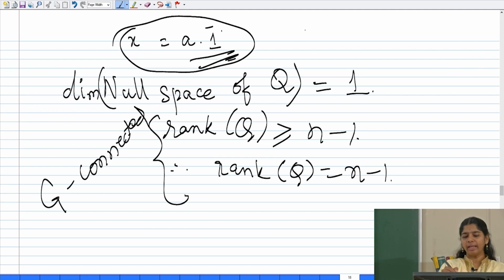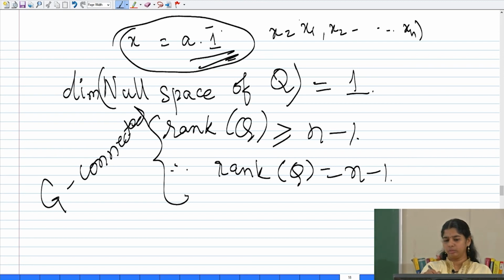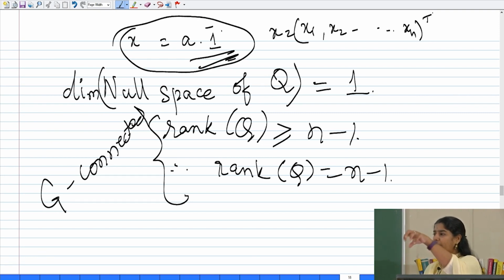When I say equal components, I am saying that x is a vector x1, x2, up to xn. When we talk about eigenvectors, we are going to assign values to my vertices. So eigenvectors give you the values, actually how these vertices are going to take part in my eigenvectors.